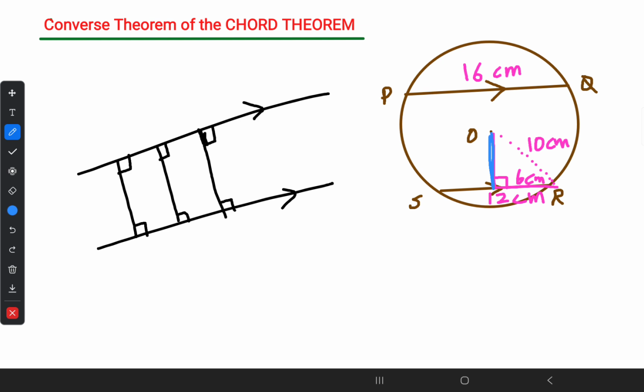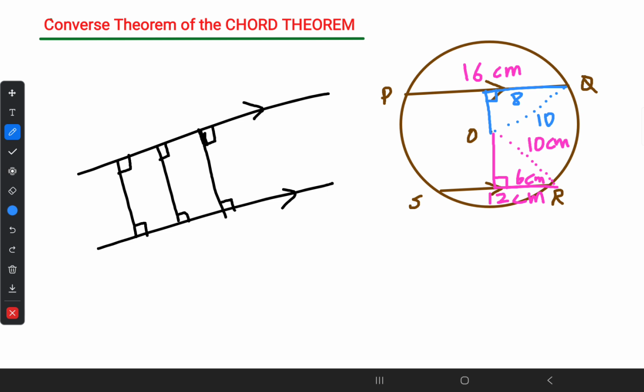And thereafter, not only this one, you should also find the perpendicular distance between these two chords, no? So in that case, here also I will draw another triangle. The entire chord was 16. So if I draw a perpendicular triangle here, this is 8 and the radius of the circle was 10.